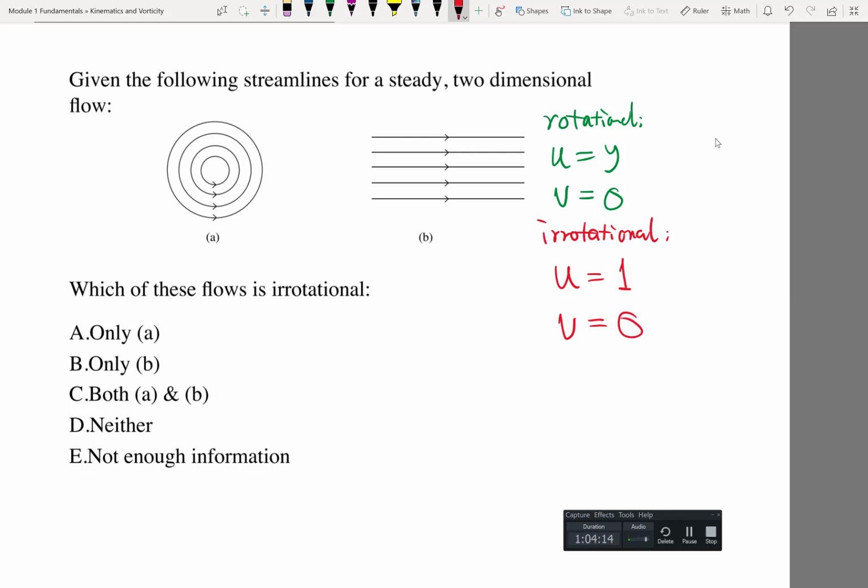I don't even know if this is right, to be fair. Is it dv/dx? Yeah. Why? u is -1. So yeah, this is going to be the rotation.